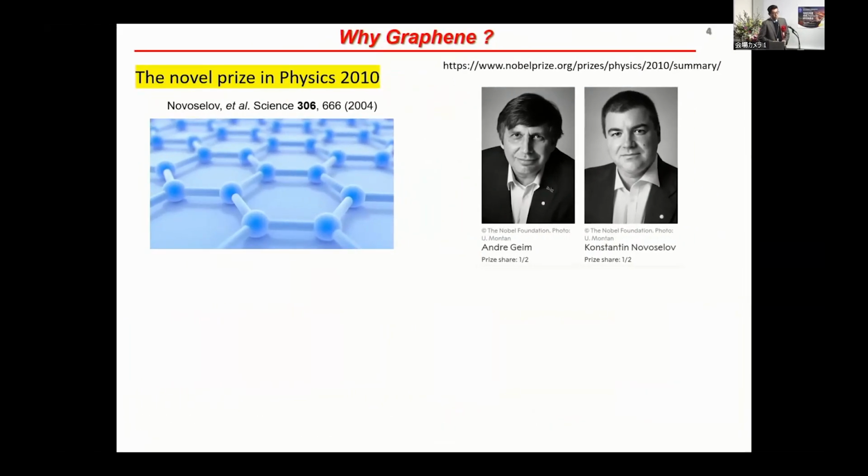Okay, so why graphene? Graphene is also another Nobel Prize material. In physics in 2010, two very famous professors, Geim and Novoselov at the University of Manchester, found a very unique property of graphene, which is a one-atom-thick sheet of carbon composed of a hexagonal network of carbon.